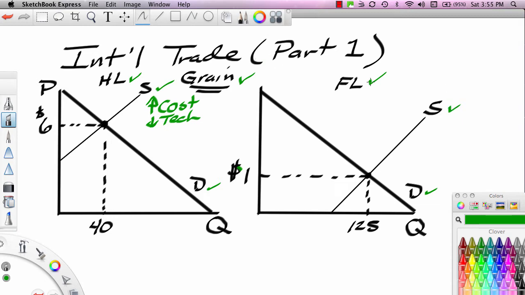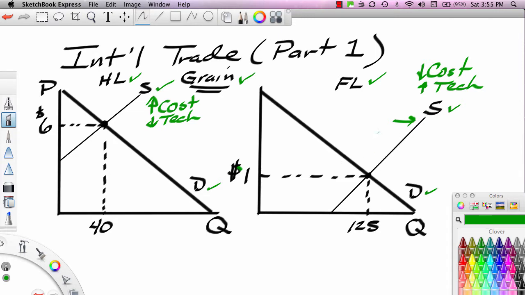And that would be because Flatland is what we would term a low-cost or high-tech producer of grain. So when your cost structure is relatively low and you're able to implement high levels of technology to produce something, the supply curve is going to be pushed way over to the right. And we see that in Flatland, that Flatland has a very high level of supply.